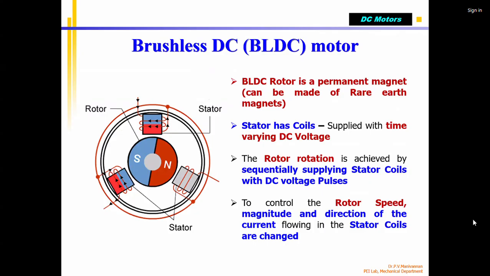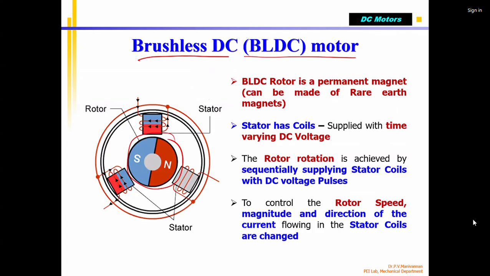So we need to generate voltage. Even though we are avoiding the commutator, brush mechanism, and wear and tear, in a brushless DC motor there is an additional burden. The rotor becomes simplified, the armature becomes permanently simplified. But for the stator, you cannot supply just pure DC like a DC field coil.